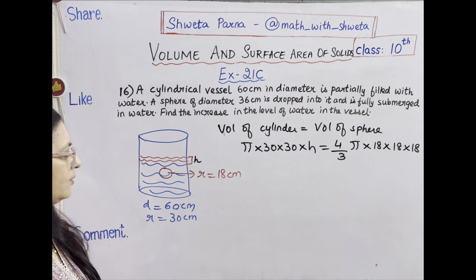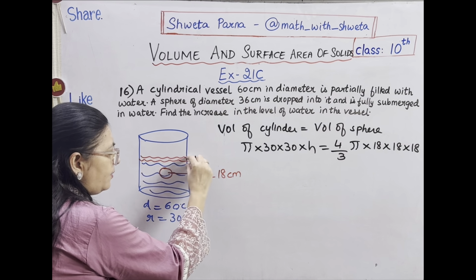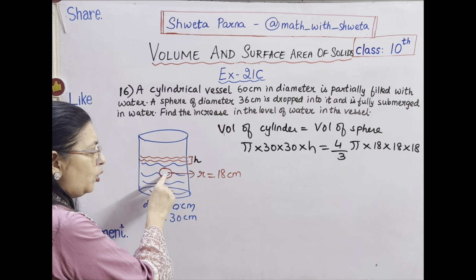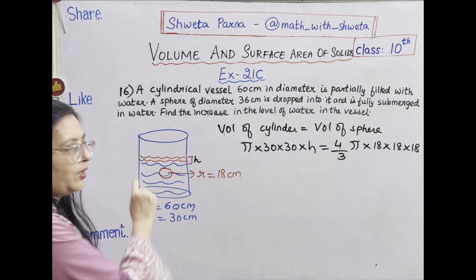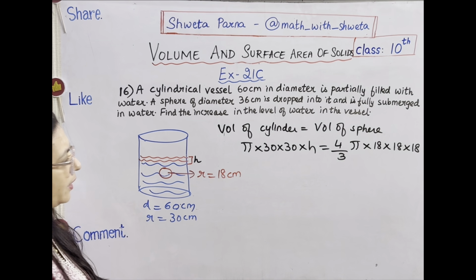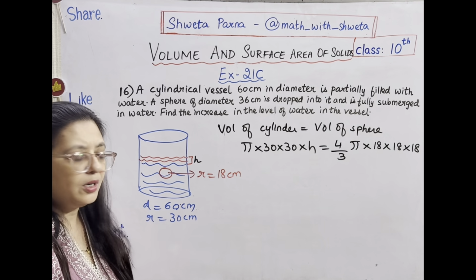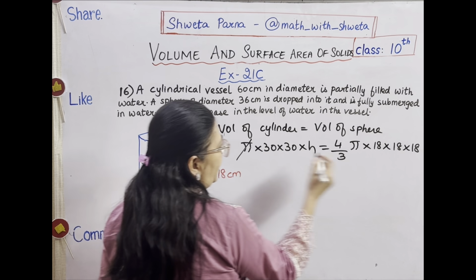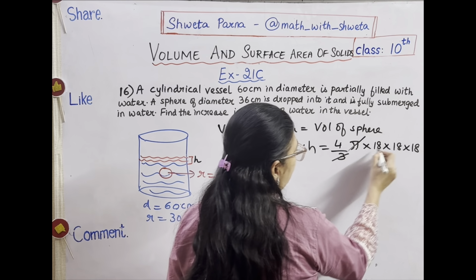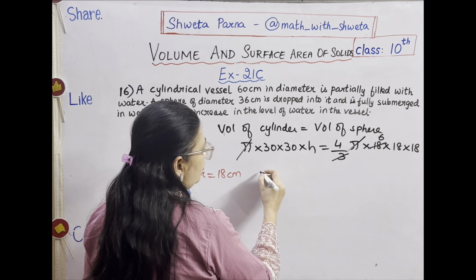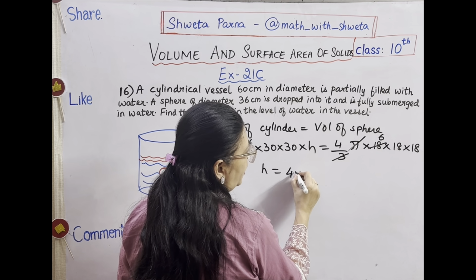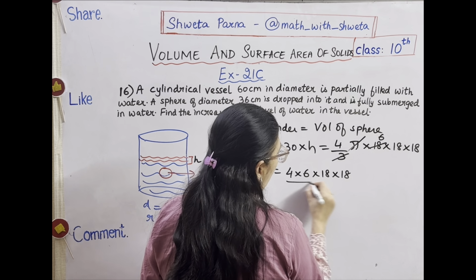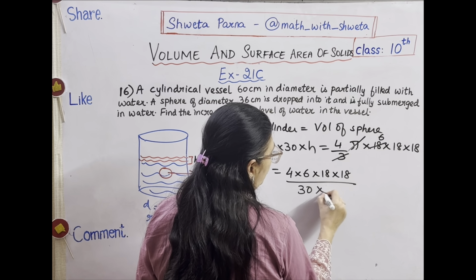Is this part clear? See, this increase in the level of water is due to the sphere. So this volume is equal to the volume of the increased height of the cylinder, which is pi r square h. h is the increased height. Okay, now pi and pi get cancelled. 3 6s are 18. So h is equal to 4 into 6 into 18 into 18 upon 30 into 30.